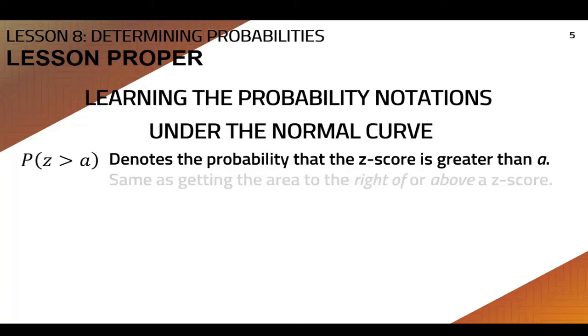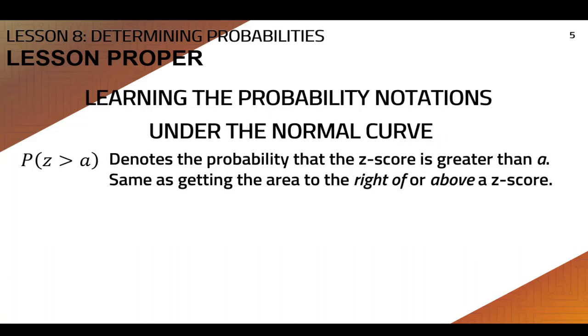It is the same as getting the area to the right of or above a z-score. If you watched the lesson before, this is the same as getting the area to the right or above.